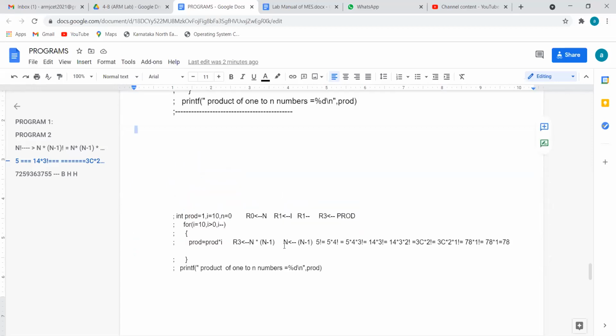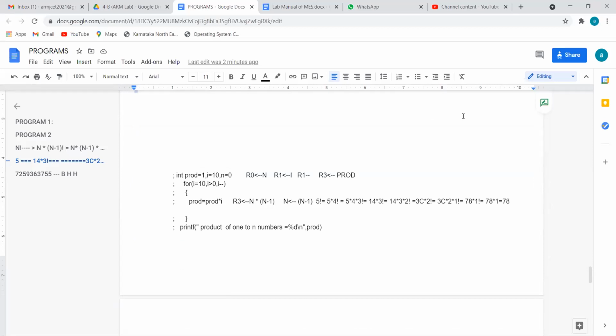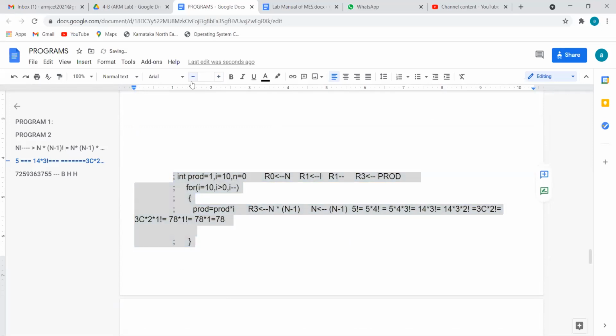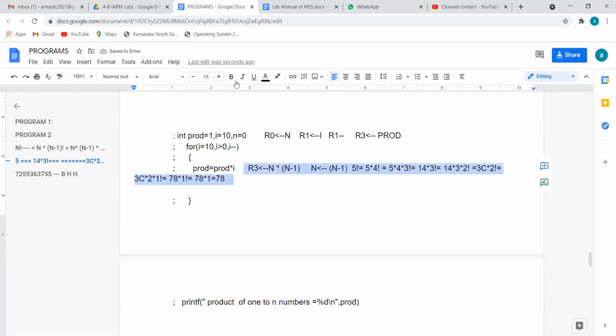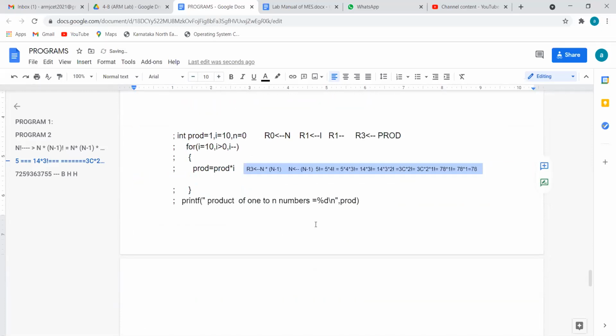Now question for this. Can anybody try to do this here? Okay, this part of the program which I have selected here, what will it do?